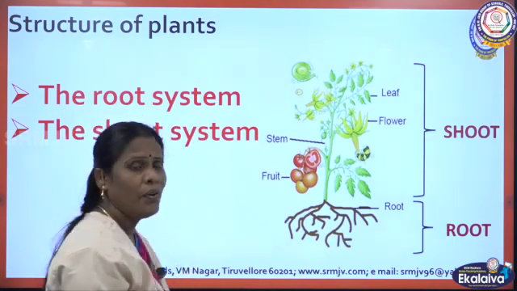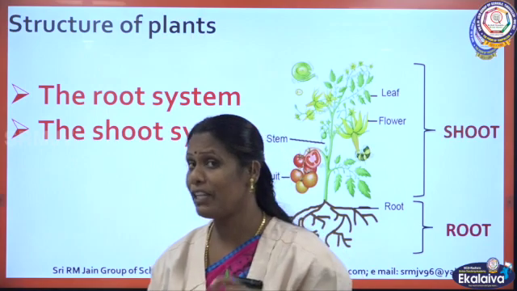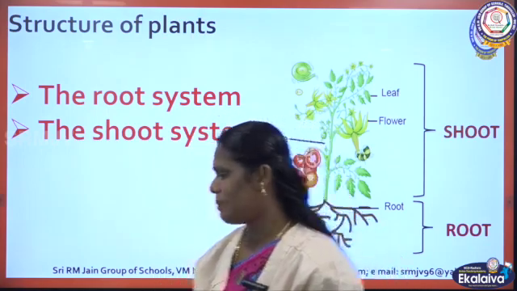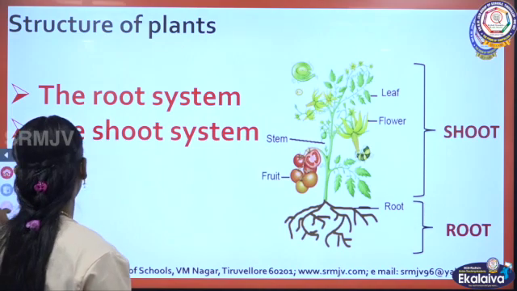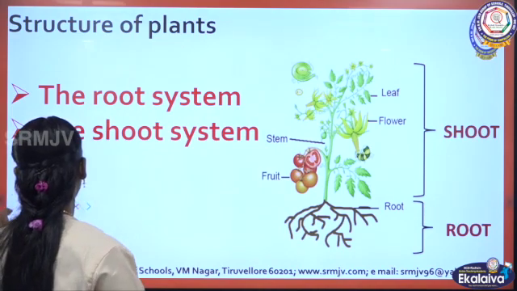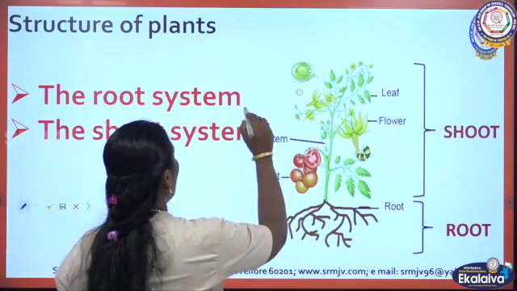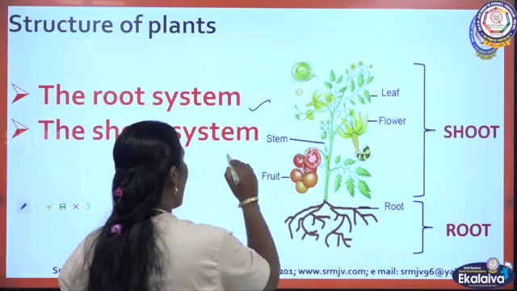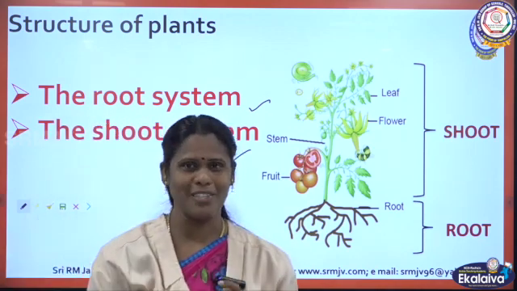Now, the structure of plants is mainly divided into two types. What are the two types? That is the root system and shoot system. What is the root system?